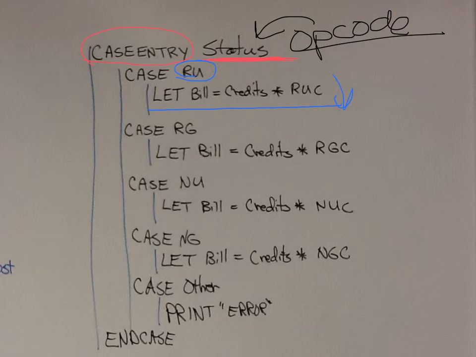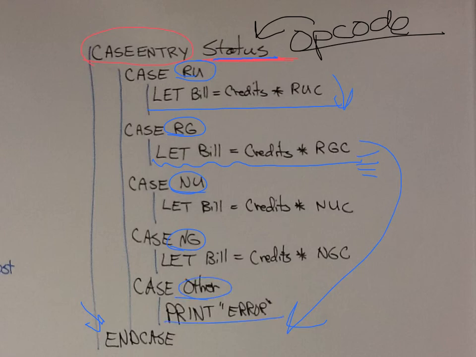And then it's going to drop down to the end case down here. If the value here was RG, it's going to perform all these lines. Now there's only one line here, but there could be lots of lines. And then it drops down to the end. So it's going to pick which one of these, and if there's no matches, it goes to the other, and then I just said print an error here.